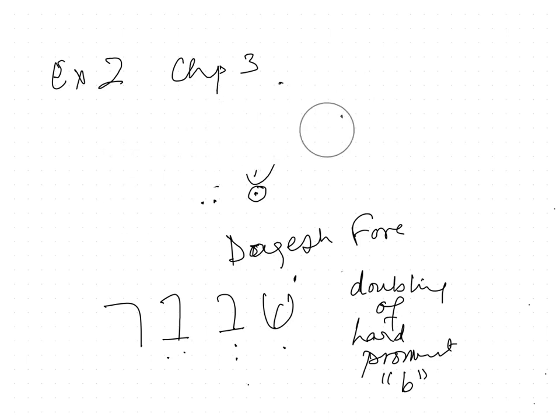Let's try another one. This is a word which has first a he, then a hireq, then a nun. I'm sorry I've written the nun that way, so let me extend that a little more. It has a nun with a dot in it, and it has a sere below it and a he. Again, this is acting as a vowel unit, you know that.